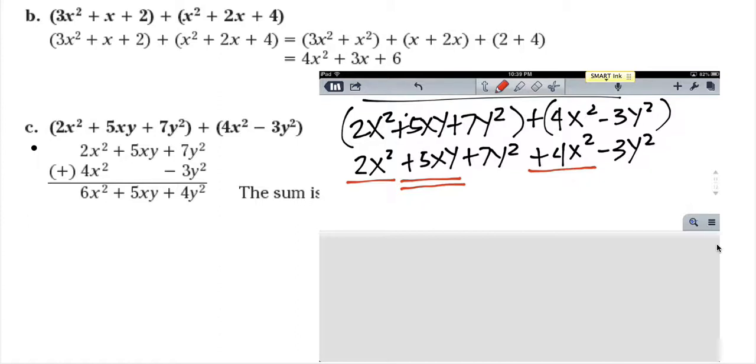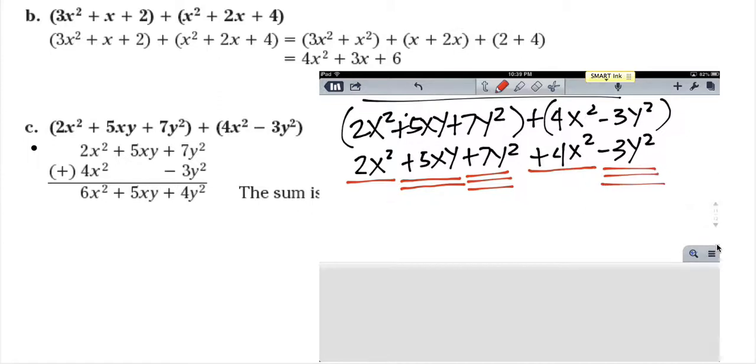And then we now have 7y squared. Underline it 3 times. It is alike with negative 3y squared. Then add the terms that you underlined. You have 2x squared and 4x squared with the same number of lines.